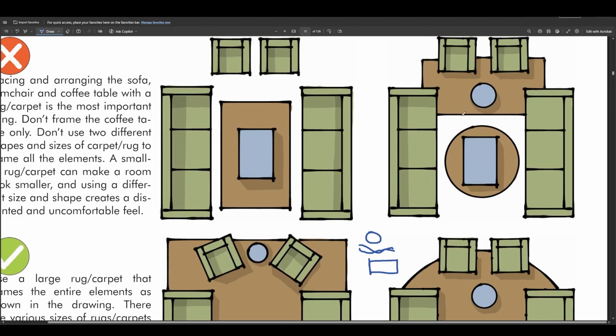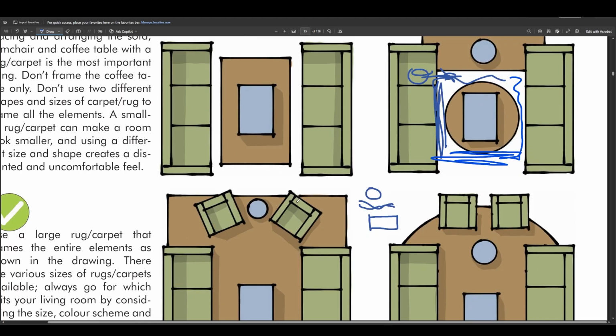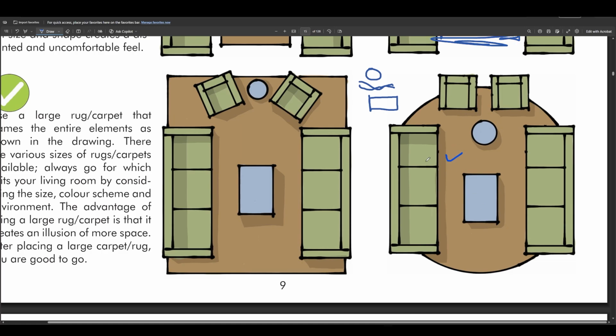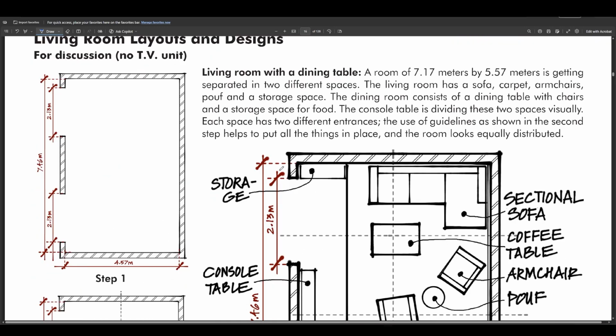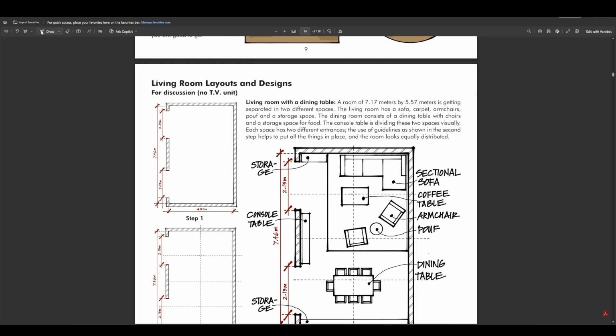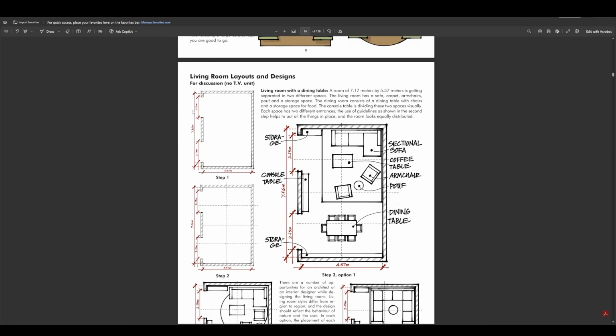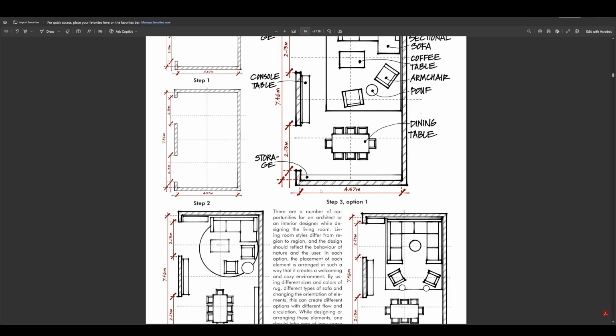You can see here, they are sitting here, and this space will be a little odd actually. So you should consider a single carpet. You can study these also, like how to plan.